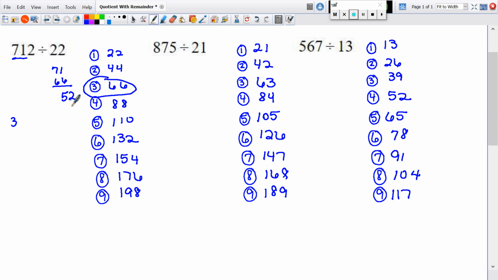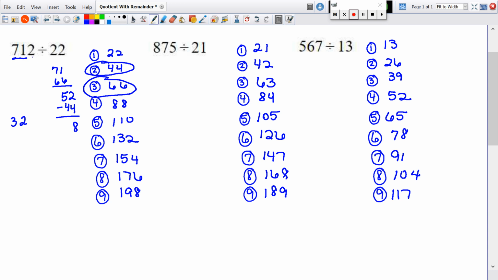So we're looking for 52 without going over. So that would be 44. So the circled number gets written beside the other circled number that you wrote down. The 44 goes underneath this 52, and you subtract. 52 take away 44 is 8.